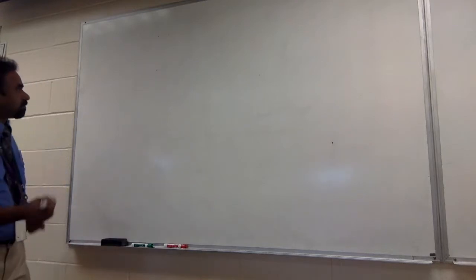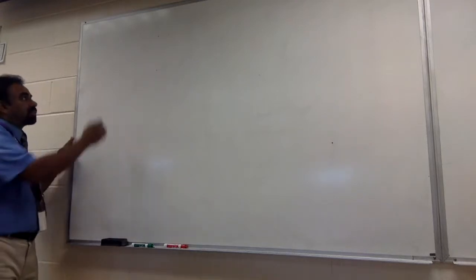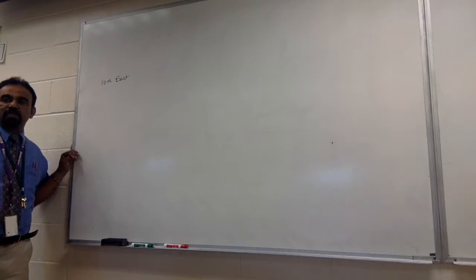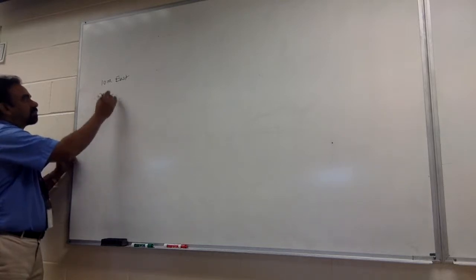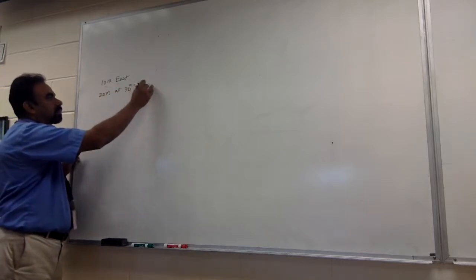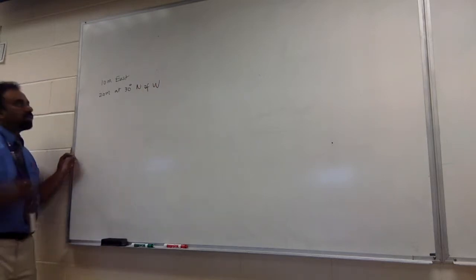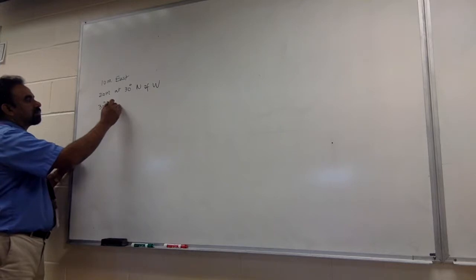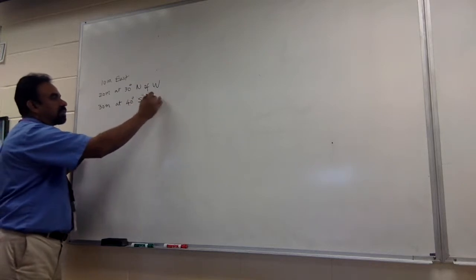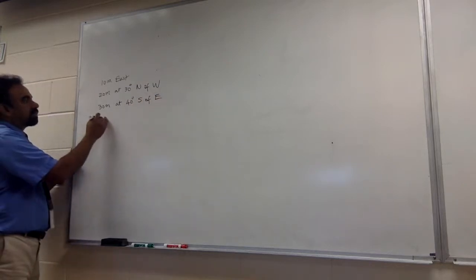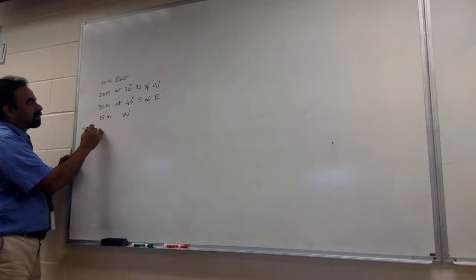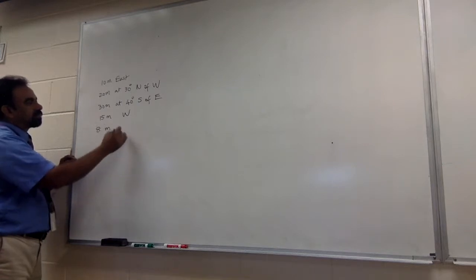So here's an example. Let's say somebody makes a displacement of 10 meters east, then goes 20 meters at 30 degrees north of west, then goes 30 meters at 40 degrees south of east, then goes 15 meters west, then goes 8 meters north.